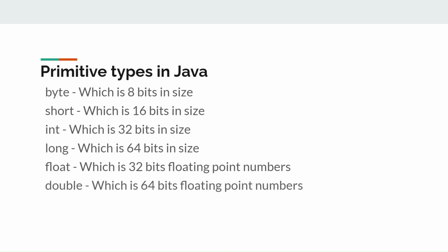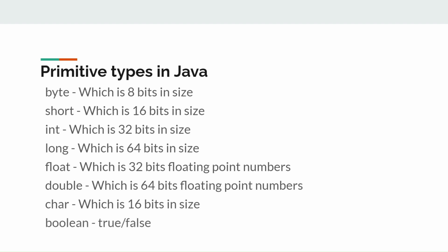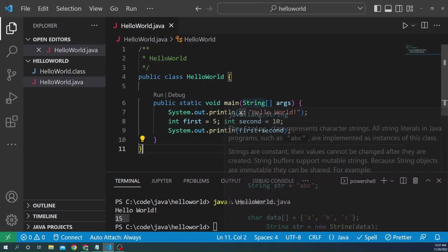Similarly, double, which is nothing but 64 bit, but a floating point number. And then we have char, which is 16 bit inside. And then finally we have boolean, which has one of two values, true or false. And then we have string.